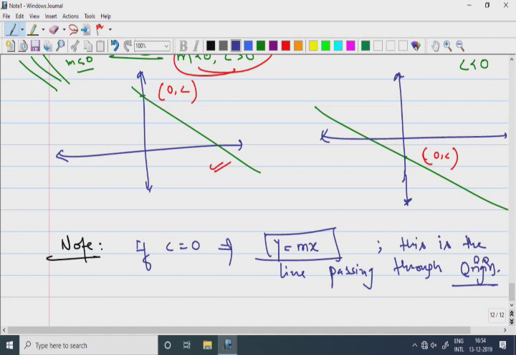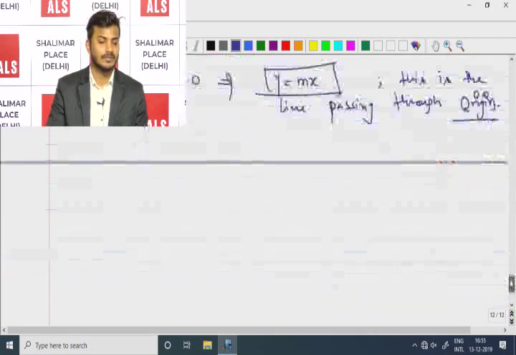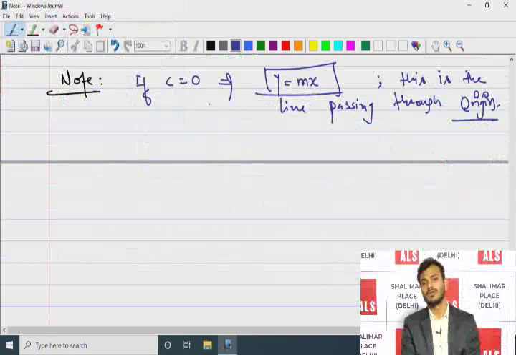This is the line passing through origin. Clear? Y equals mx when you have C equals 0. Yes, because if C is 0, that means you are not allowed to have C positive or C negative. So the only way is you have to pass through the origin. Okay. So this is if C equals 0.